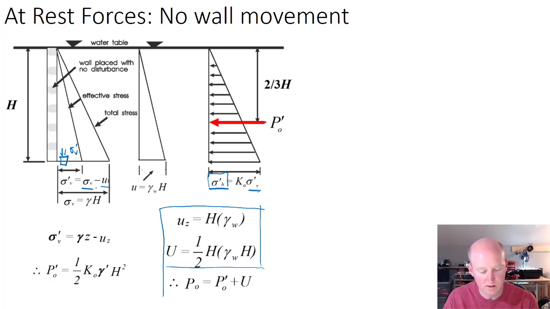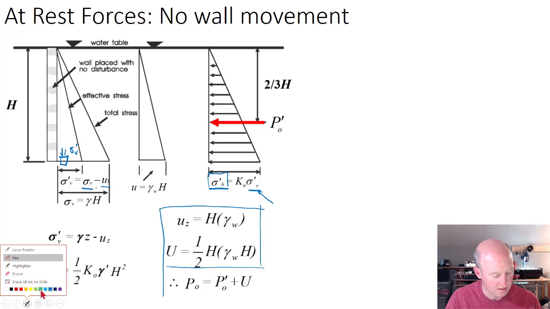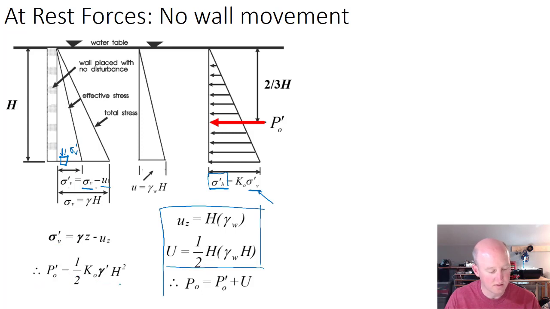So once we get this value calculated, we can get the horizontal stress calculated, and it turns out that the horizontal stress, or the resultant force, breaks down in a very similar way to what it did for the water calculation.